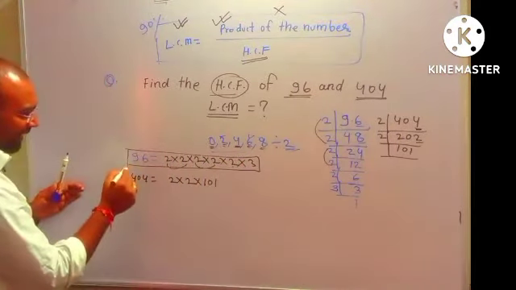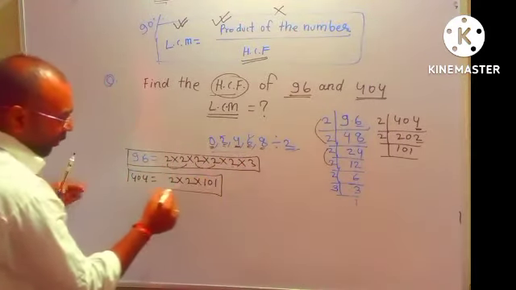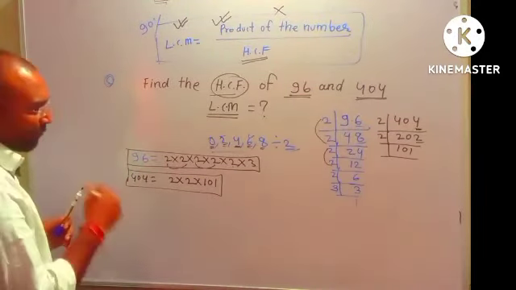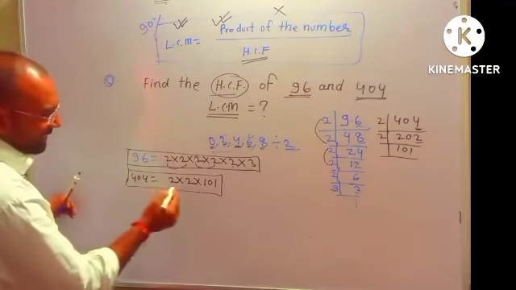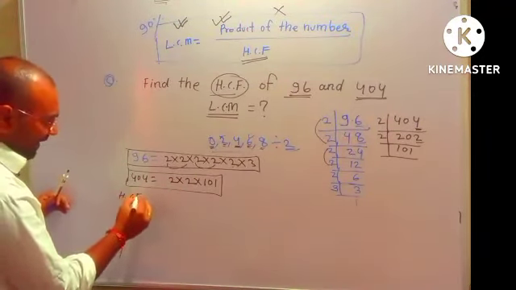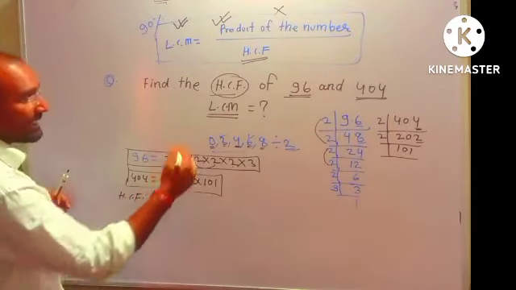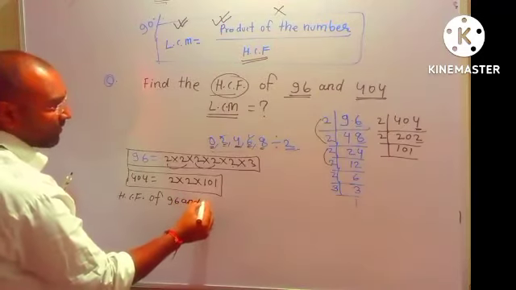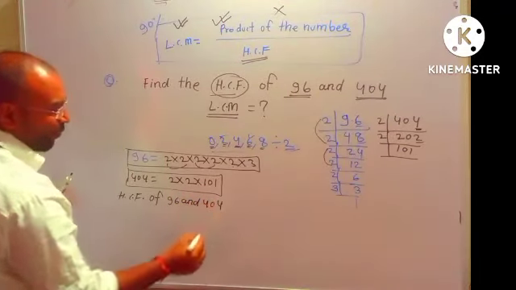Now we have to find out the HCF. So let's make a pair first. HCF of which two numbers? 96 and 404.